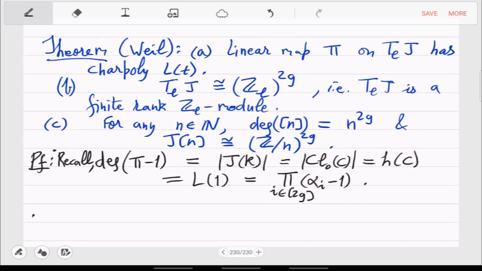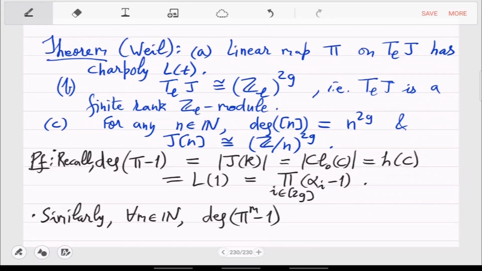And similarly, for all m, what is the degree of pi to the m minus 1? It is the same thing. Instead of Fq, you are now going to Fq to the m. Right? Which should be what?